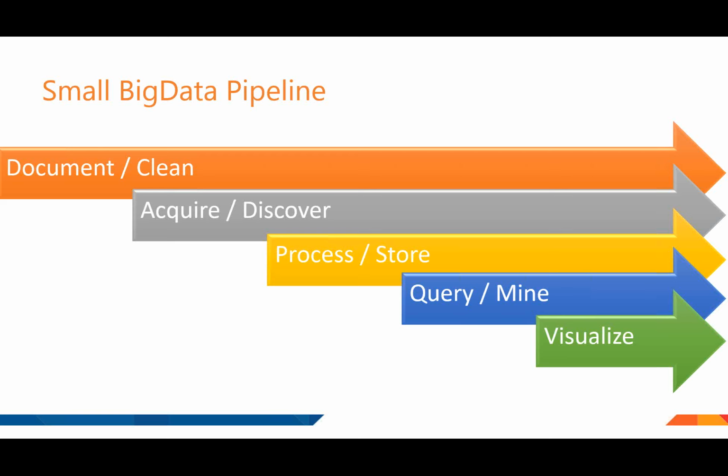I've set up these pipeline steps, which really tend to work pretty effectively with companies. The steps are to document and clean your existing data, acquire and discover new data, or maybe more existing data that isn't currently being used, to process and store it, to query and mine it, and to visualize it.